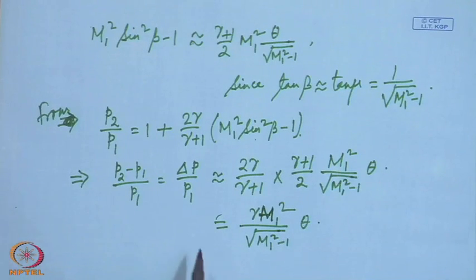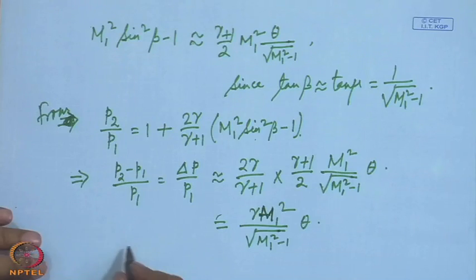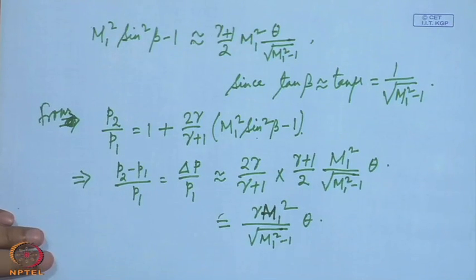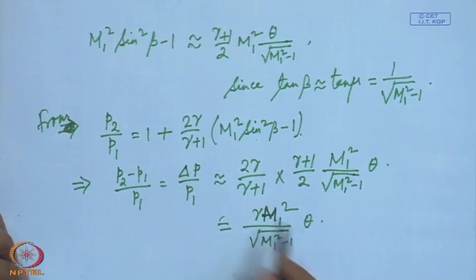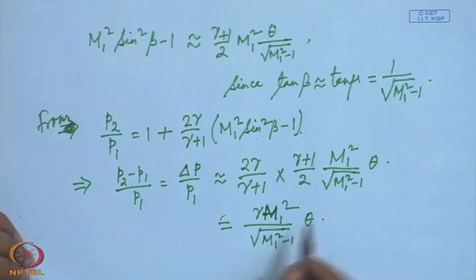So, this shows that for a weak shock, the pressure rise across the oblique shock is proportional to the flow turning angle.